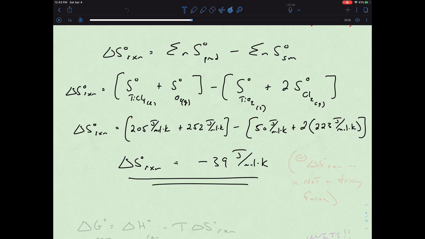And if we look at the sign of that, we see a negative delta S of reaction, and this is not a driving force for the particular reaction in question.